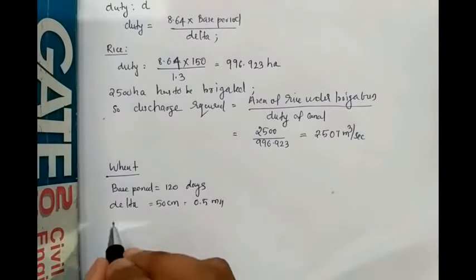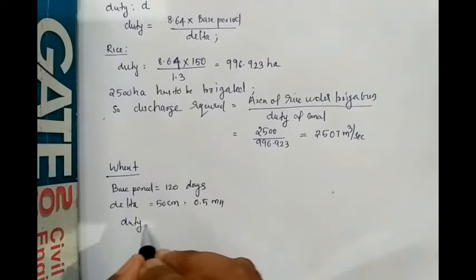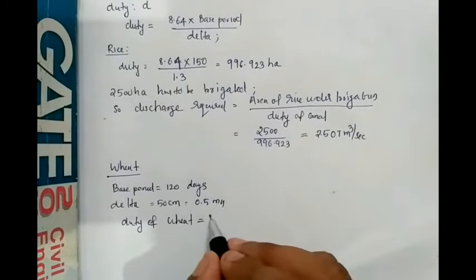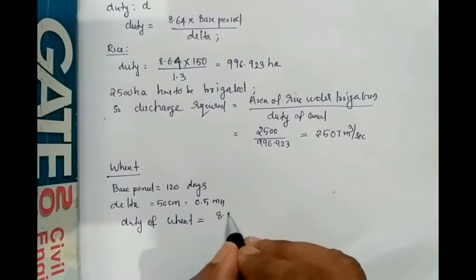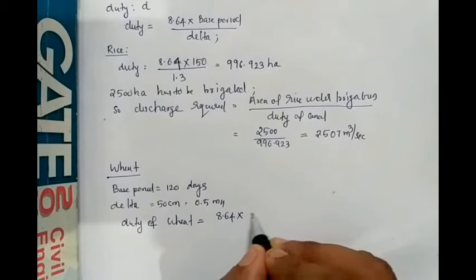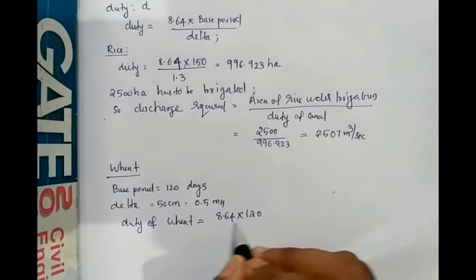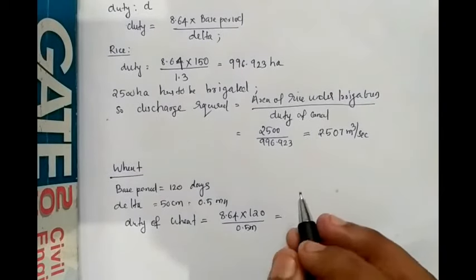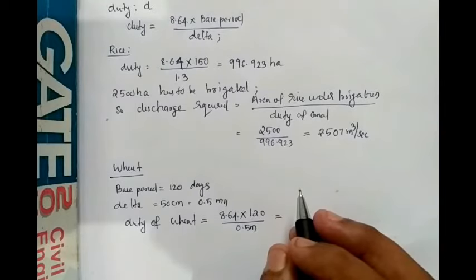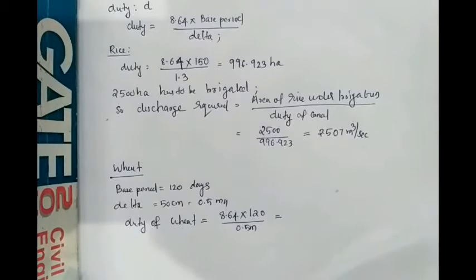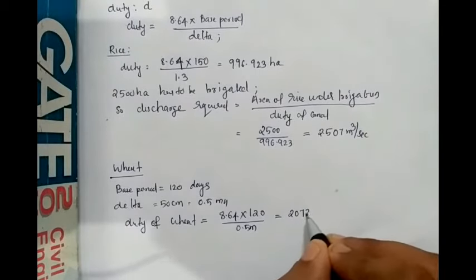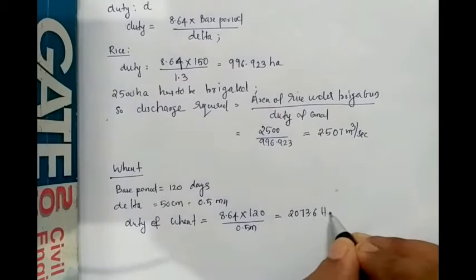So the duty of wheat is equal to 8.64 into the base period of wheat, 120 days, divided by 0.5 meter. This will give 2073.6 hectares.